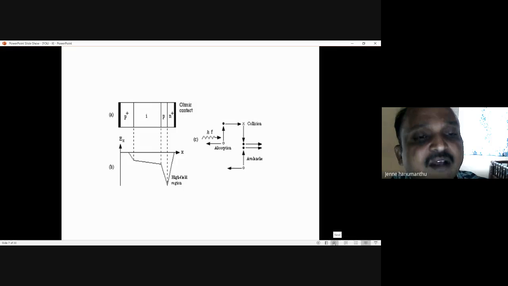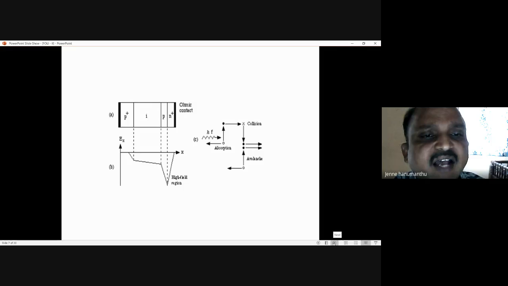This is called the reach-through effect or avalanche effect. Because of it, the avalanche photodetector converts the light into suitable electrical current.